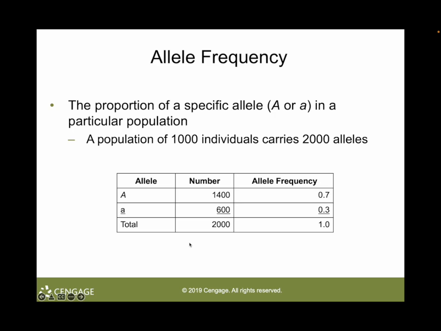That would be 0.4 for the recessive allele. And if that's 0.4, then 0.6 is the dominant allele frequency. Again, there were 3 recessive alleles and 5 dominant alleles, and the total number of alleles is 8.